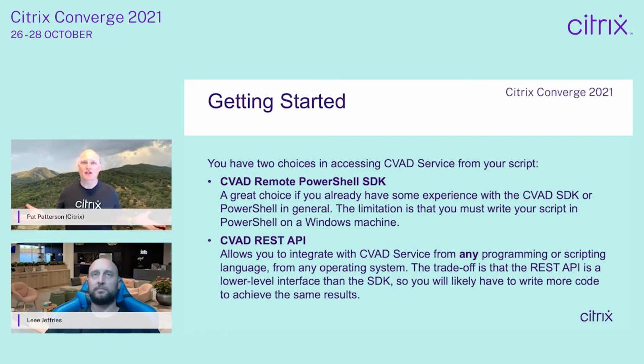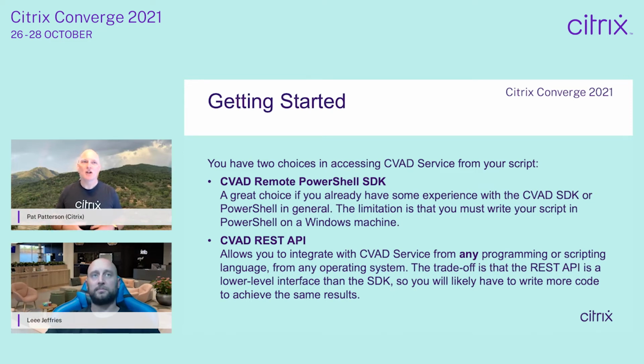Now, those restrictions are part of the reason that the CVAD REST API exists, because we're not always working in PowerShell from Windows. Now, the great thing about the CVAD REST API is that you can integrate with the CVAD service from any programming or scripting language, from any operating system. Just about anything you use nowadays will let you make an HTTP call, which is all REST is.